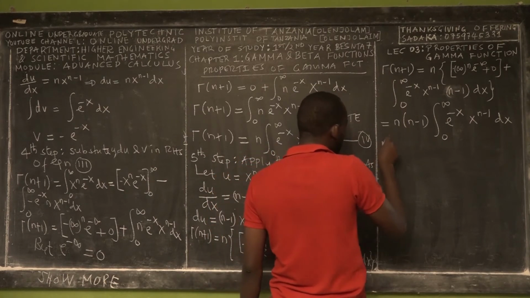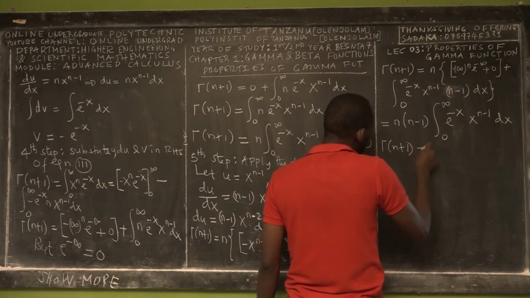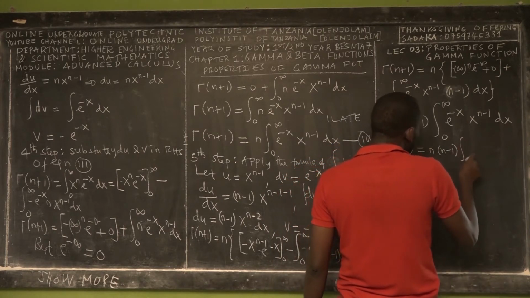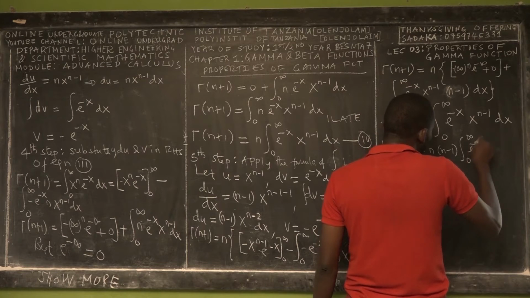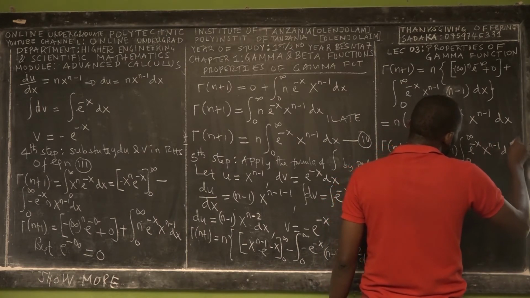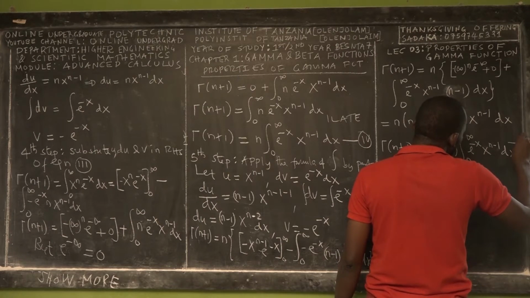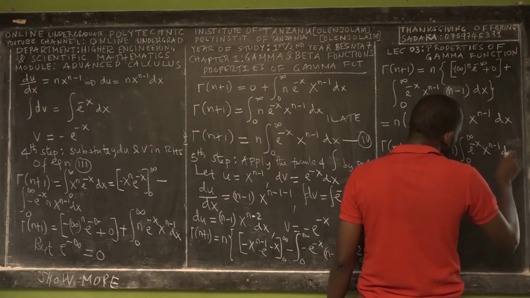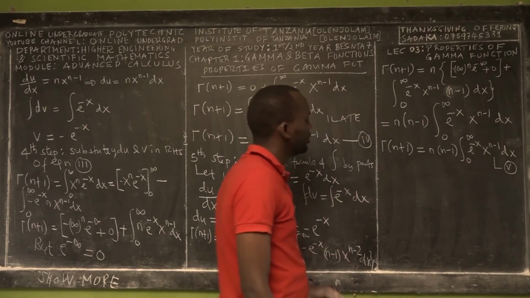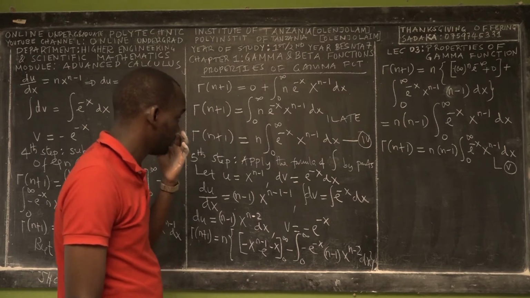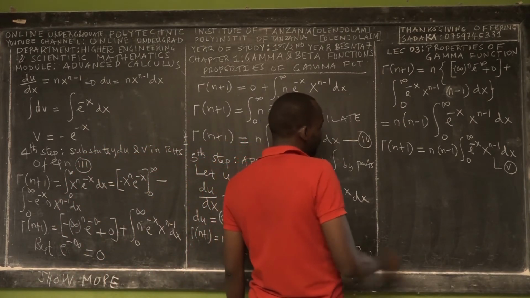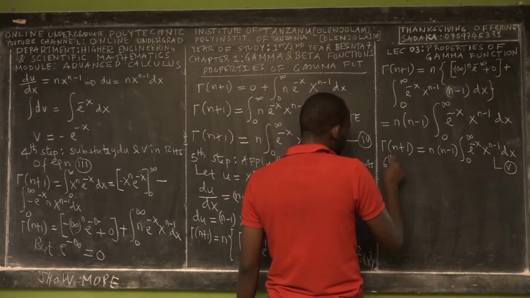So gamma of n plus 1 is equal to n times n minus 1 times the integral from 0 to infinity of e power negative x, x power n minus 2 dx. So this is equation 5. If it's equation 5, we go for the sixth step.